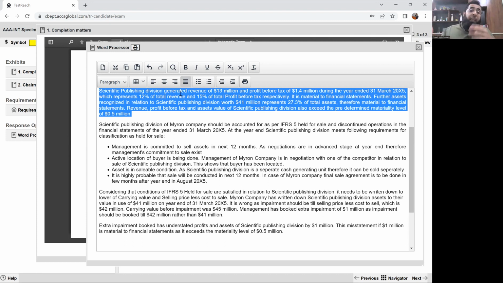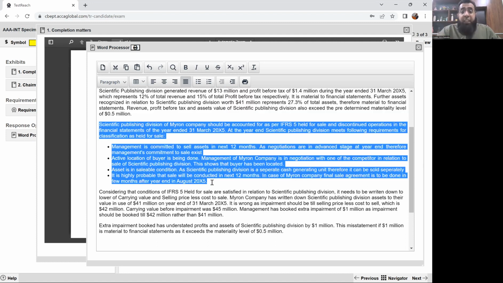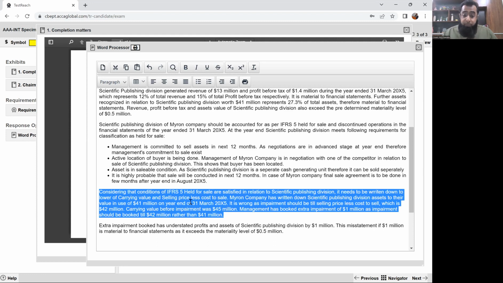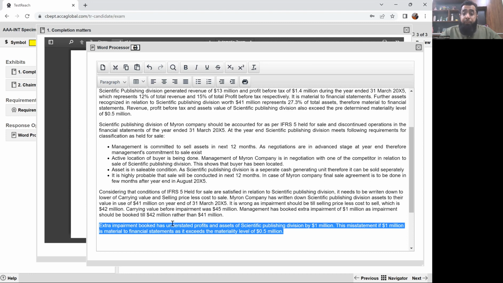We referred to the materiality level given in the question. Then we commented on the conditions of IFRS 5. We explained each of the conditions. We applied them to the scenario. Okay. Then we commented on the management's wrong impairment. Okay. We commented on the heads affected, the materiality. Okay. That's all which is expected from the student so that they can also get the marks of professional skills.